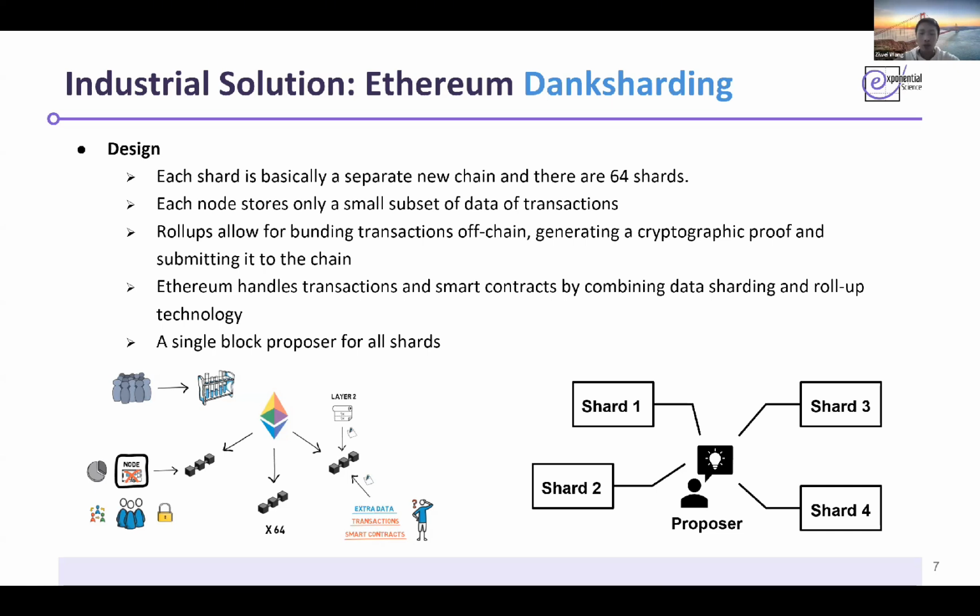Ethereum also uses roll-up technology, which allows transactions to be bundled off-chain, generating a cryptographic proof and then submitting it to the chain. This way, Ethereum can process transactions and smart contracts through data sharding alone. Finally, Ethereum uses a block proposal to create blocks for all the shards, helping to lower transaction costs.